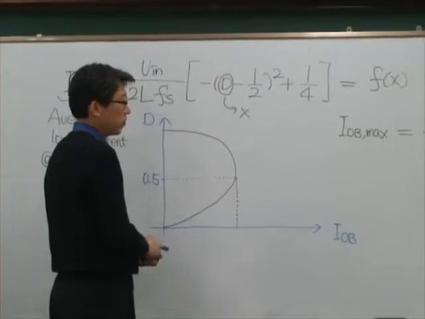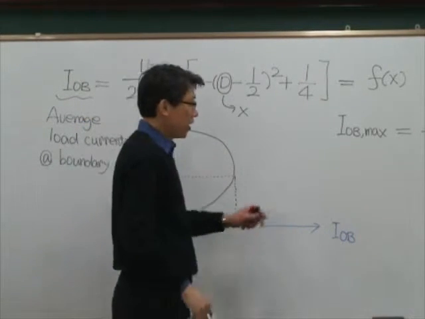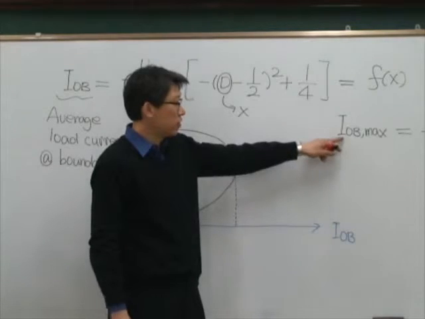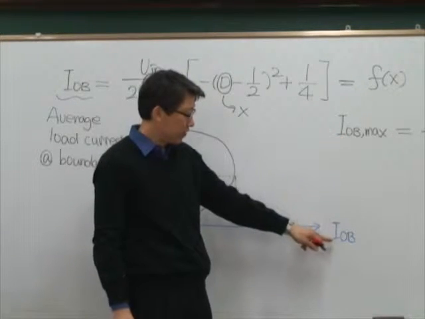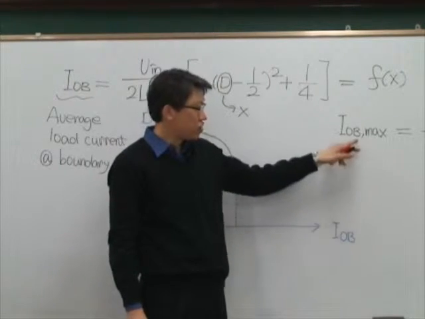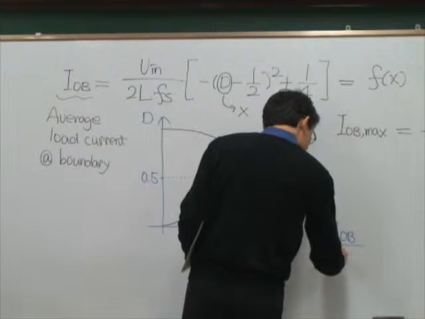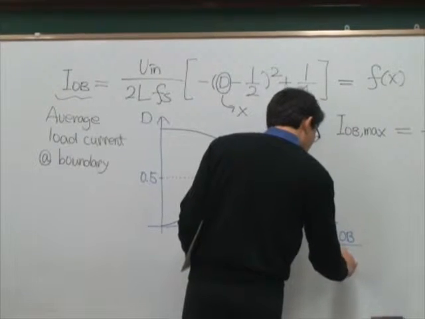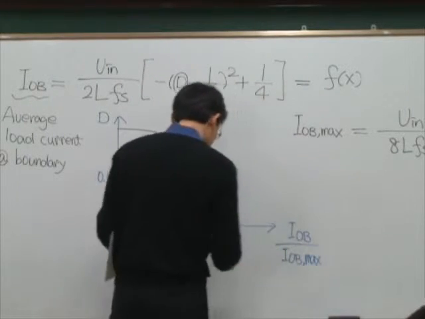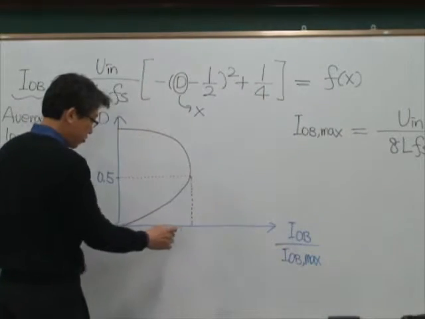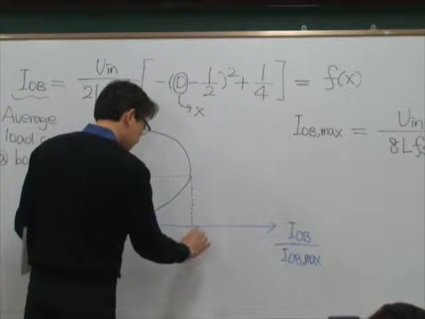So if we have this term as a weight, meaning if we divide IOB by this IOB max in order to have per unit base, then this value is going to be 1. Okay?